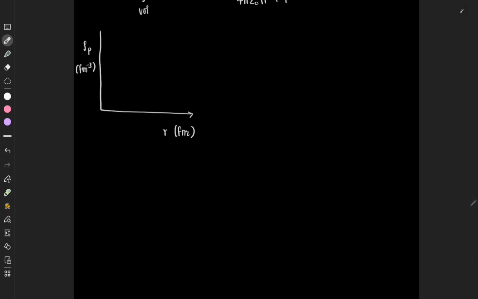So there's this graph, where this is for oxygen. I'll draw it like this. This is for tin, and it should go flat and then go down, and again for gold it goes flat and then decreases.